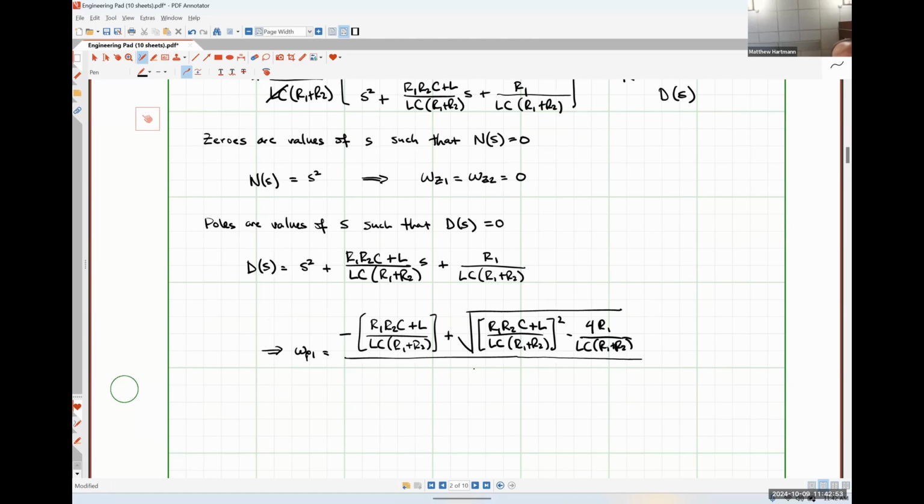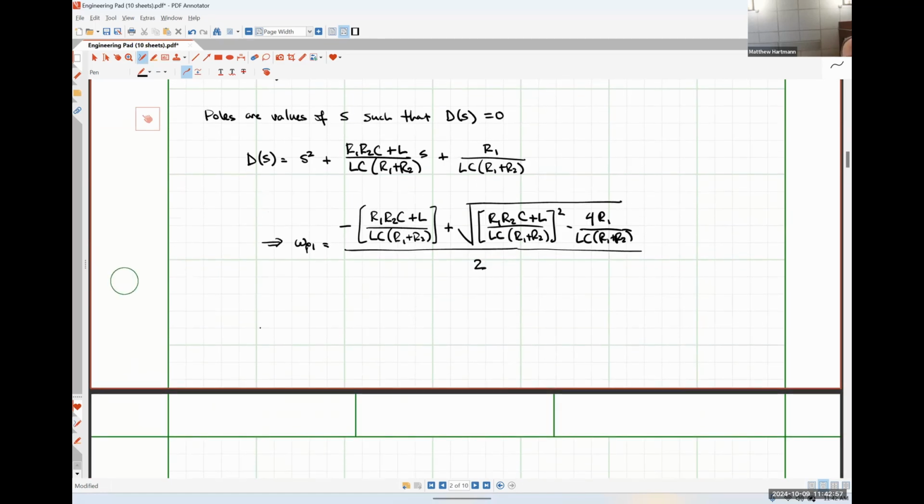All of this is over 2. And then our second pole frequency is the exact same thing, except that I'm going to replace this plus sign with a minus sign.